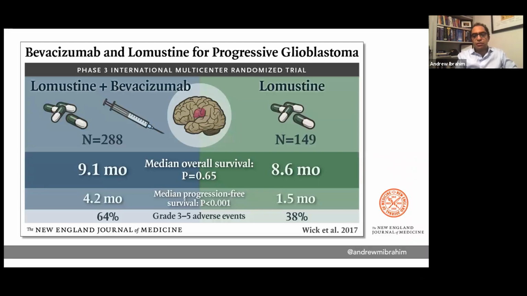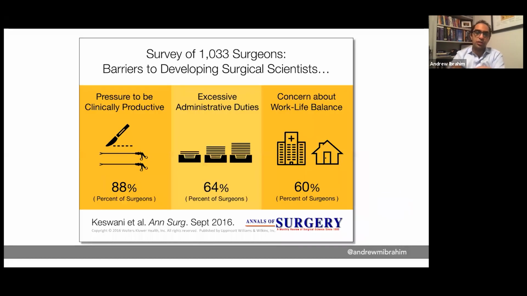This is a visual abstract from the New England Journal of Medicine. That was a randomized trial for glioblastoma comparing dual therapy versus monotherapy, and found that overall median survival was better in the dual therapy group. This was a survey done in the Annals of Surgery of 1,000 surgeons asking about their barriers to becoming surgical scientists.